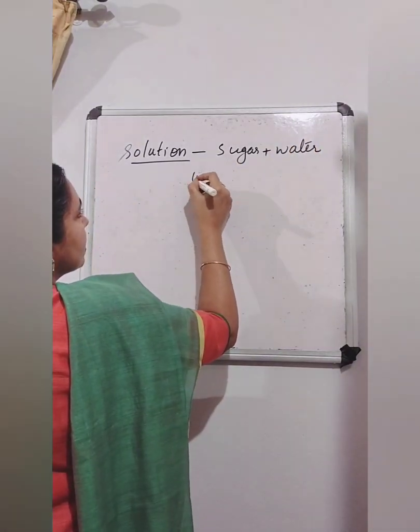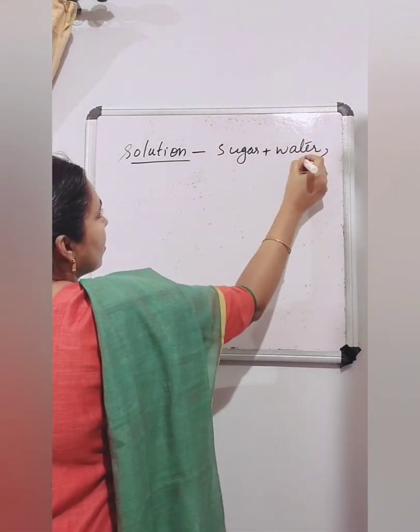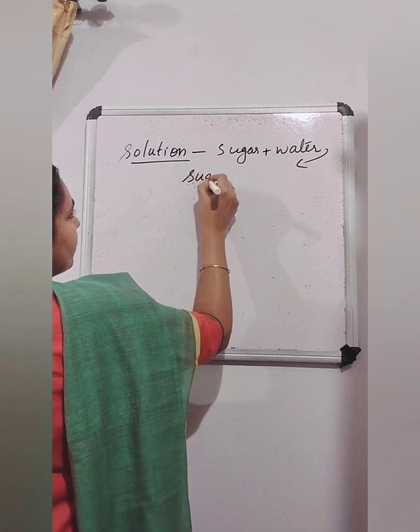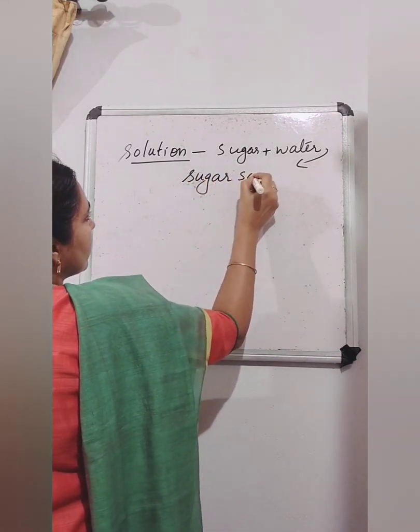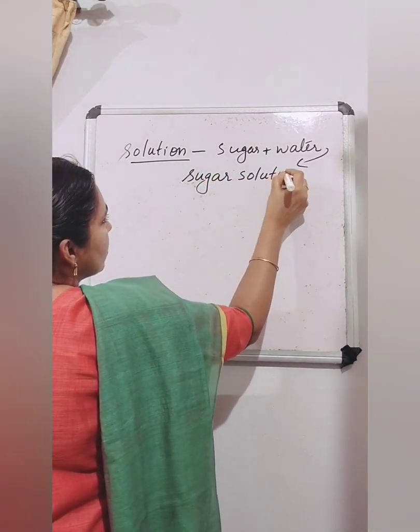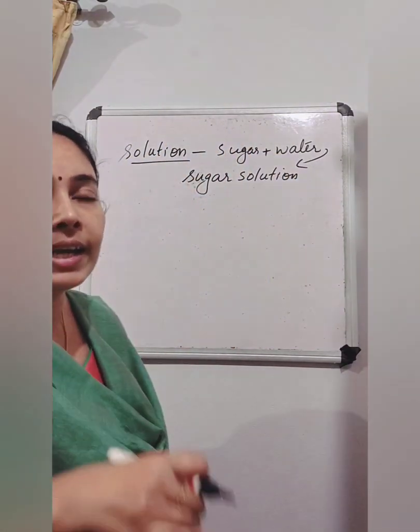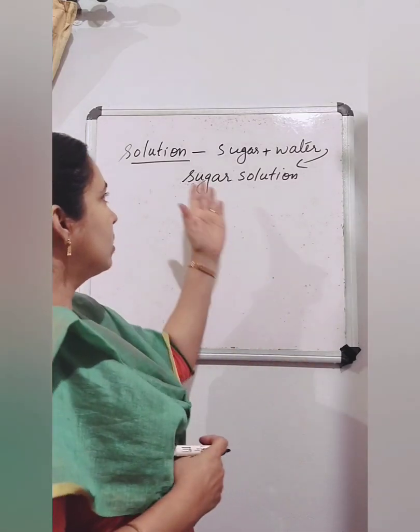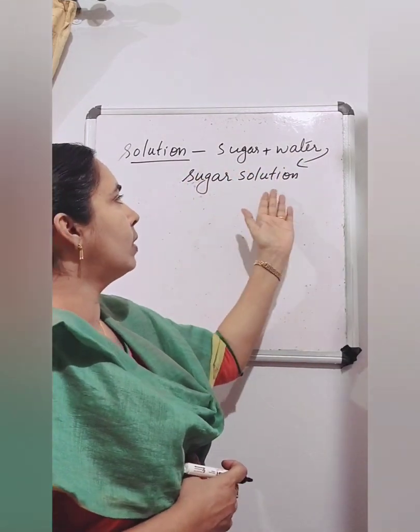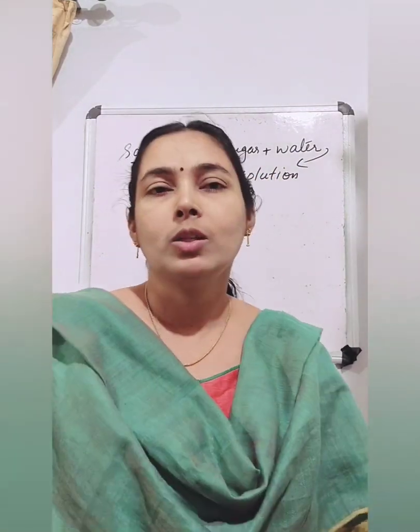We call it sugar solution. So solution means if a substance is dissolved in a liquid, then that liquid is called a solution. So if sugar is dissolved in water, we call that liquid sugar solution. Okay. Now we can make a solution.